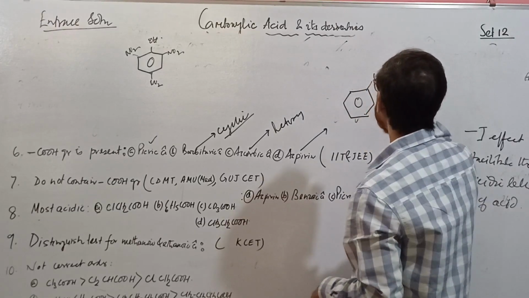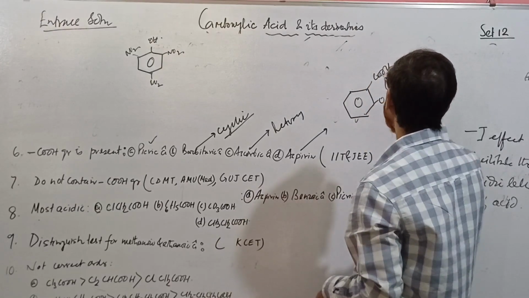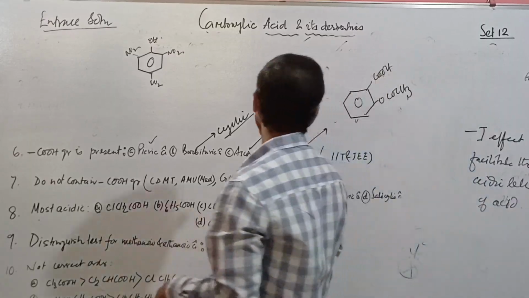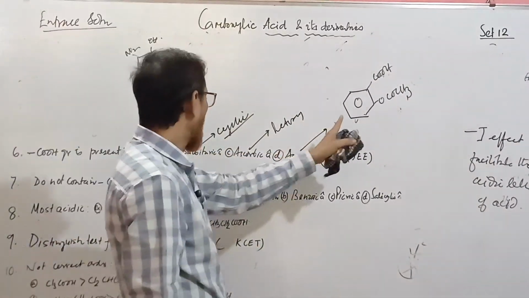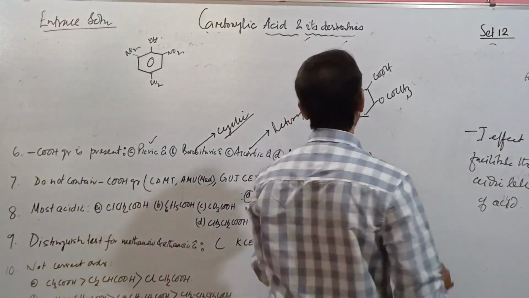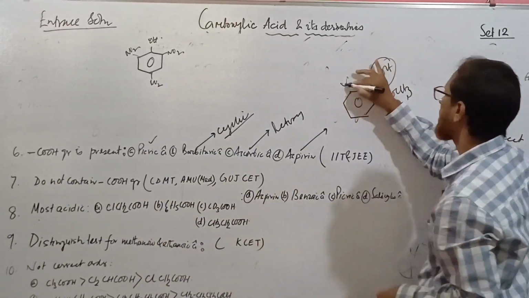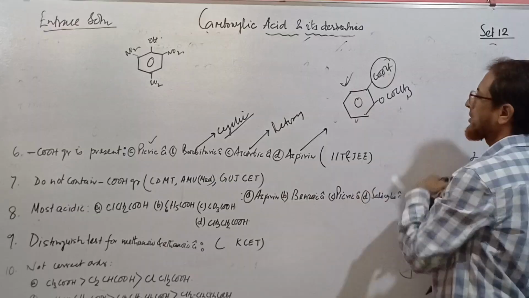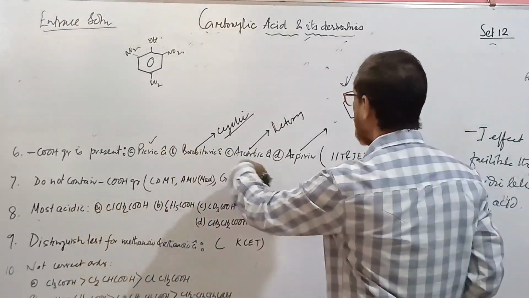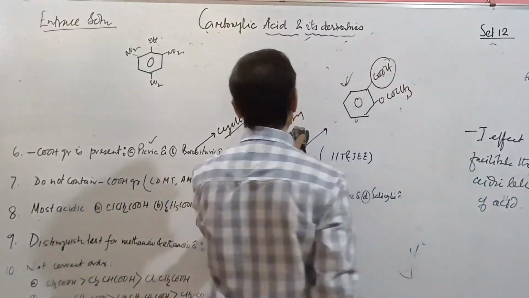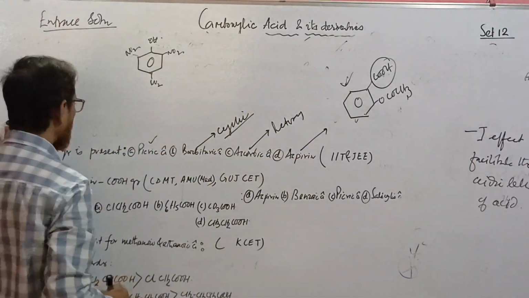Aspirin has COOH and COCH3, and it is also a very important medicine for headache and so on. You should keep the structure of aspirin in your mind. You should know the structure of aspirin, so the COOH group is present in aspirin. Until and unless you know the structure, you can't answer the question.